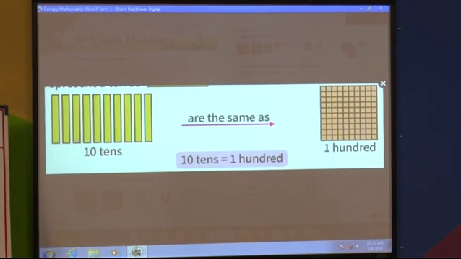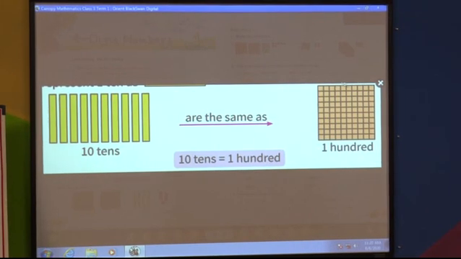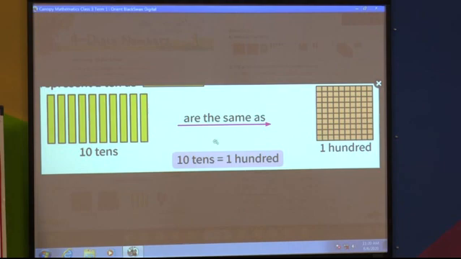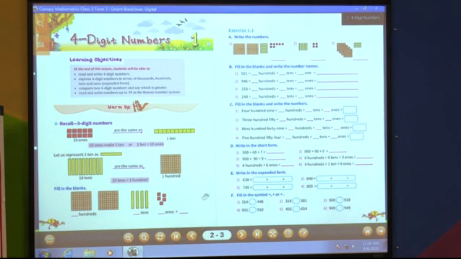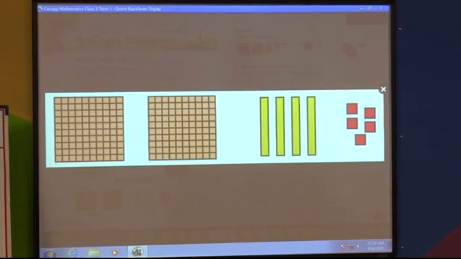Yes, here 10 strips are there. If we put these 10 strips together, it will become 100. Can you see this? This is 100. So 10 tens make 100.